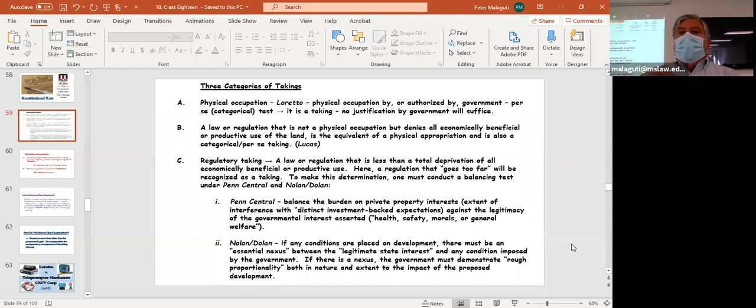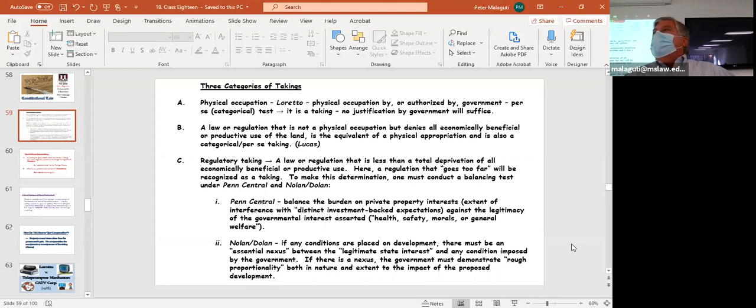If a regulation denies all economically beneficial or productive use of the land, it is the equivalent of a physical appropriation, and it's a categorical taking again, no analysis. So literally in Lucas, Mr. Lucas spends $1 million to try to develop a couple of parcels of land near Charleston, South Carolina that are on the waterfront.